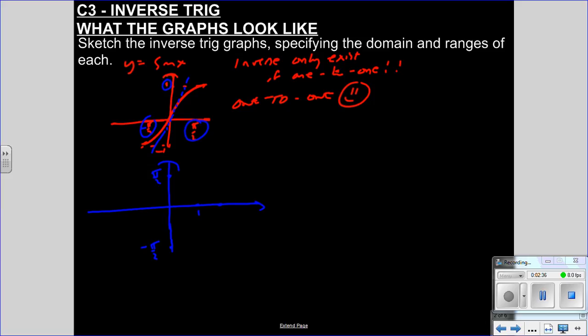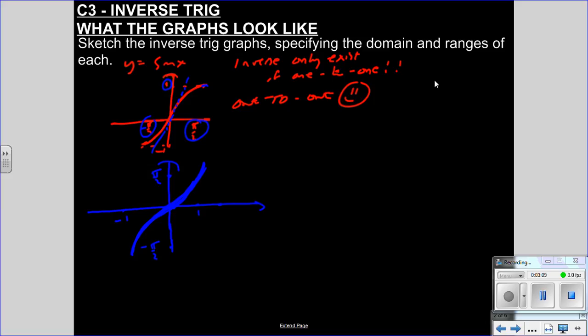And your minus 1 moves over here. So now everything is reflected the other way. If it's reflected in that line, this thing is going to peak like this, and it's going to come out like this. You've got to be real careful that your gradient doesn't look like it's becoming a straight line. It's got to look like it's tending towards infinity, right?